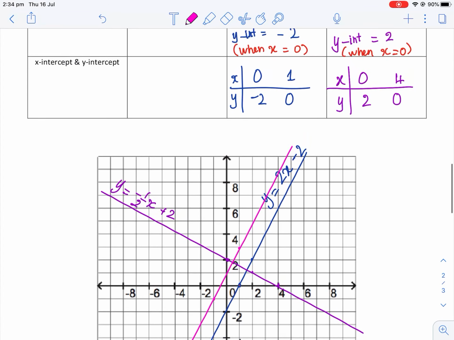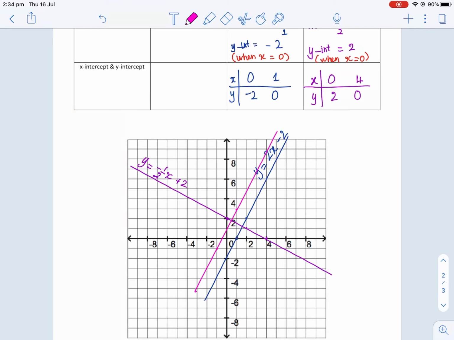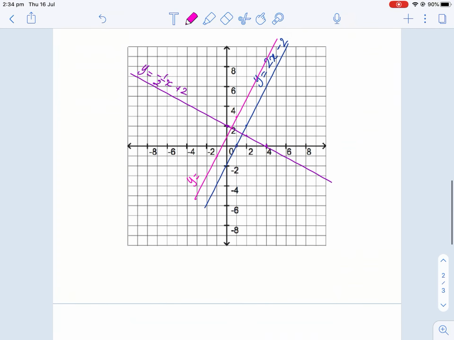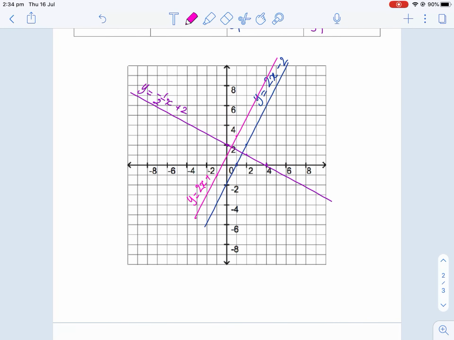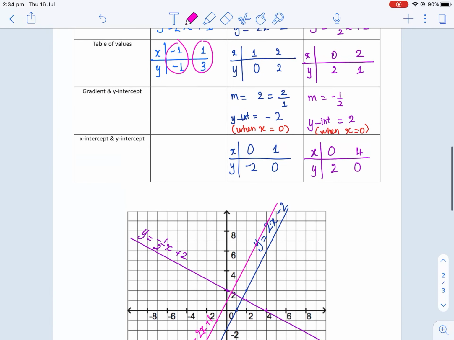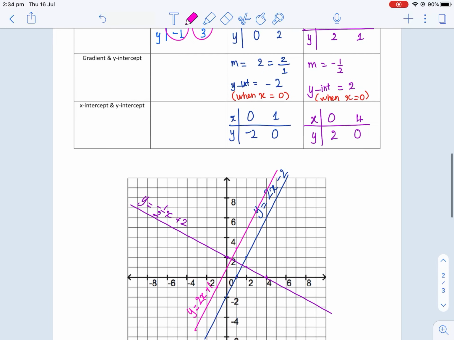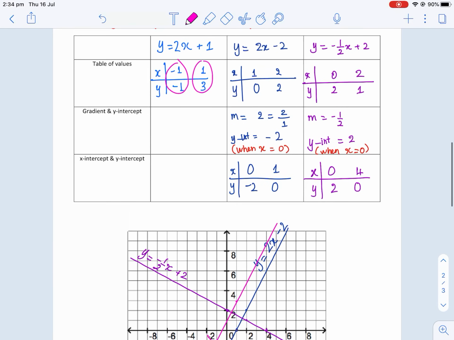Because in this Cartesian plane, I have 3 lines, I'm going to write the equation on top of each line or change the colors so you can notice which one belongs to which one. So this one is y equals 2x plus 1. Okay, I'm done. Now, I will check the other method, see if I have the same line or not.